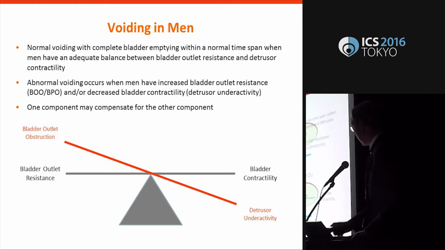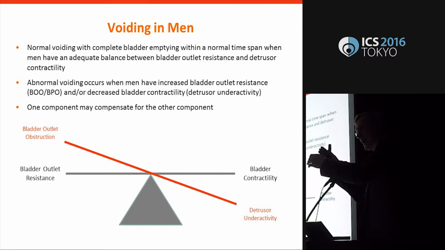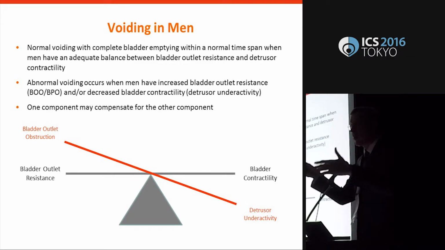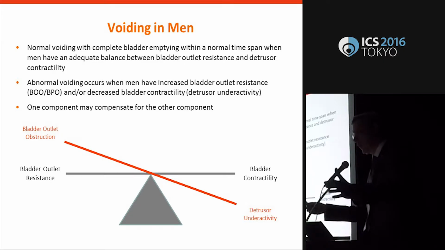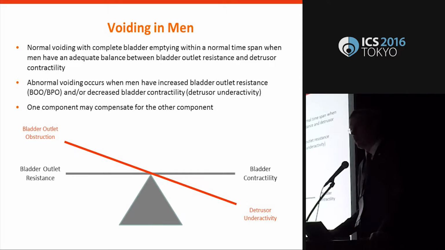So the normal voiding with a complete bladder emptying within a normal time span is possible when a man has adequate balance between bladder outlet resistance and contractility. So it's the driving force of the detrusor against the resistance of the urethra or pelvic floor, prostate. And when this is a good balance, we can void within a normal time span and completely.